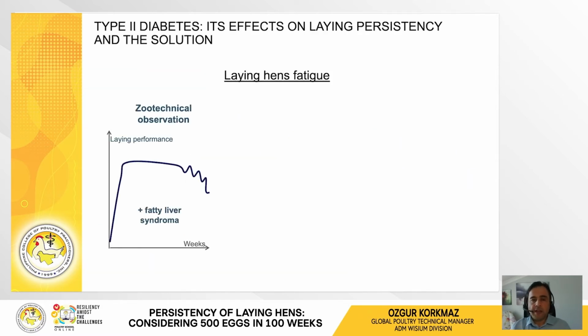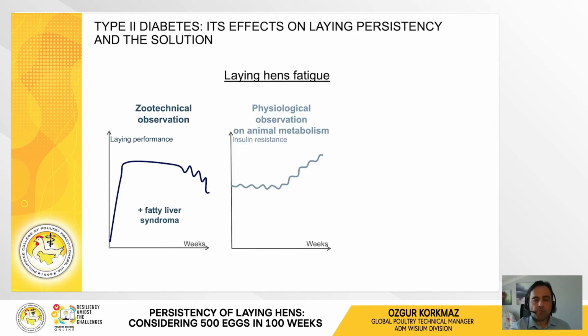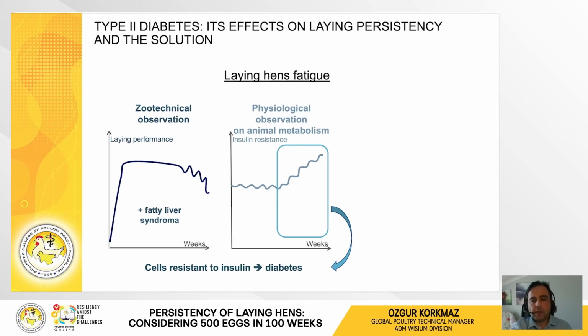When they get older, laying performance decreases for a lot of reasons, especially hormonal dysfunction and fatigue, especially of liver metabolism. When they get older, they become fatigued, hormonal dysfunction appears, and insulin resistance increases, especially after 40 weeks of age. There are a lot of reasons, and in this case, cell resistance to insulin and diabetes issues can be seen.